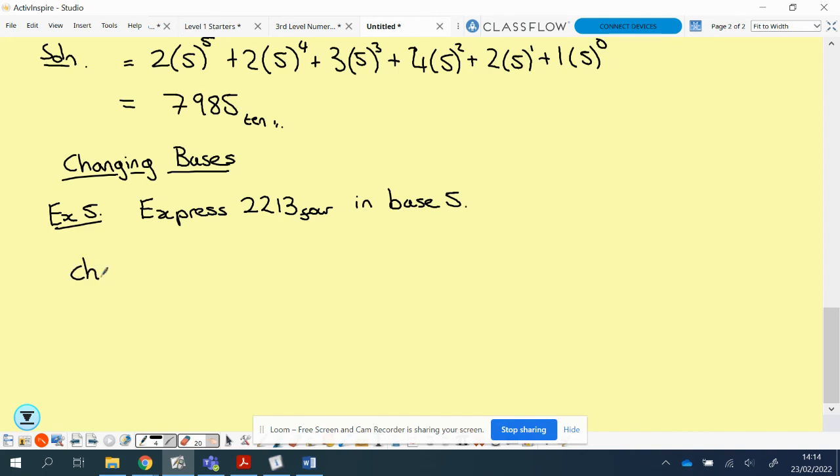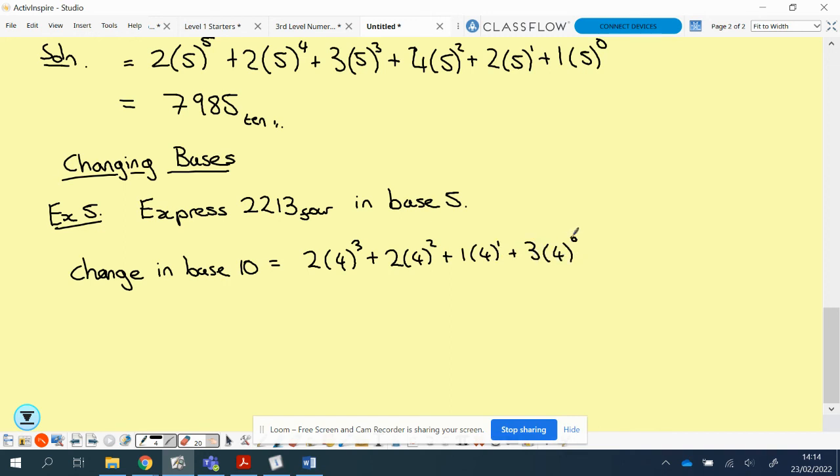So if we change into base 10 first, that would be 2 lots of 4 cubed plus, it's in base 4, 2 lots of 4 squared plus 1 lot of 4 to the power 1 plus 3 lots of 4 to the power 0. Okay, and what that would give me is 167 in base 10. So that's how you quickly change base 4 into base 10.